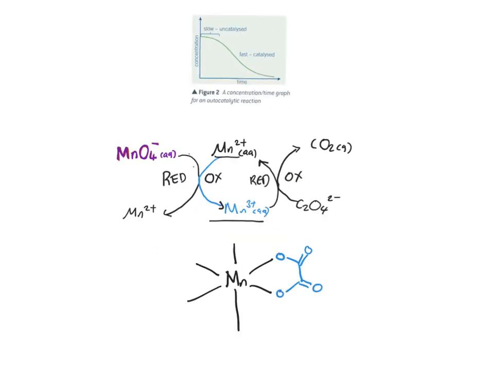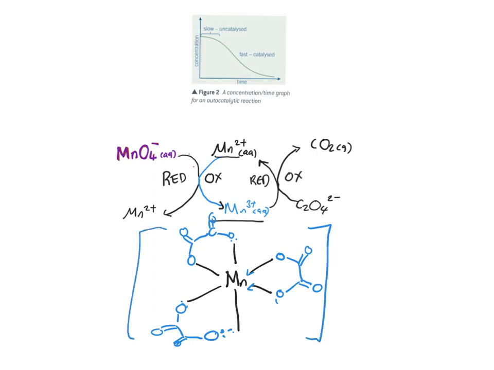It's likely that the Mn3+ ions get complexed by the bidentate ethanedioate ions, I'm just drawing the skeletal formula here, that donate a pair of electrons to the central metal ion. The bonds on the ethanedioate ions get weakened by the highly polarizing Mn3+ ion.